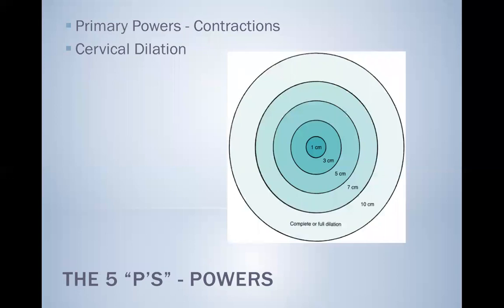So the next thing we're looking at is the powers. When we're looking at powers, we're talking about contractions, and contractions create cervical dilation. So here's a picture in your OB survival skills lecture.